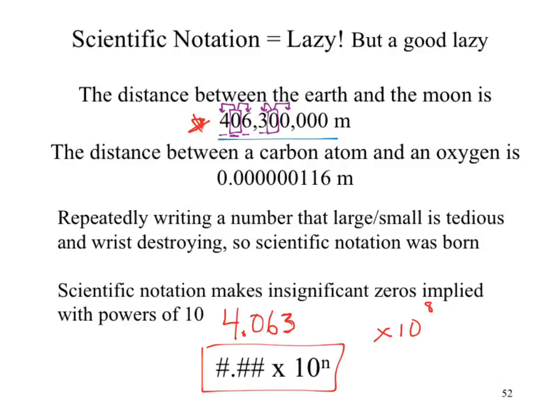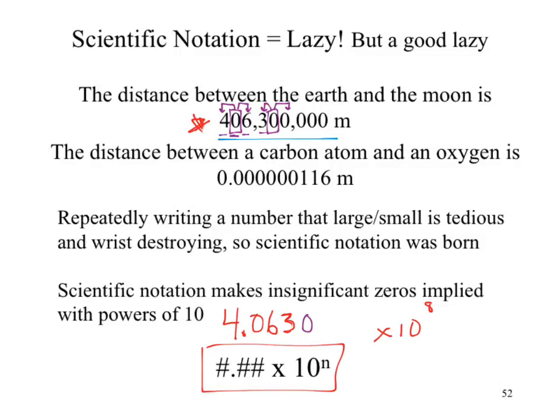That gets us 4 significant digits. How can I write this where it is now 5 significant digits? Add a 0 where? End of what? 4.0630 times 10 to the, it's still 8th. The 8th is based on where your decimal point is. We haven't changed the location of the decimal point.